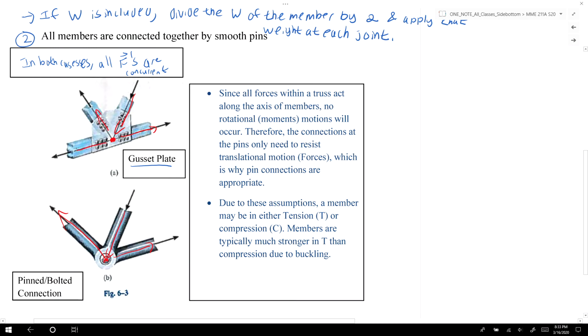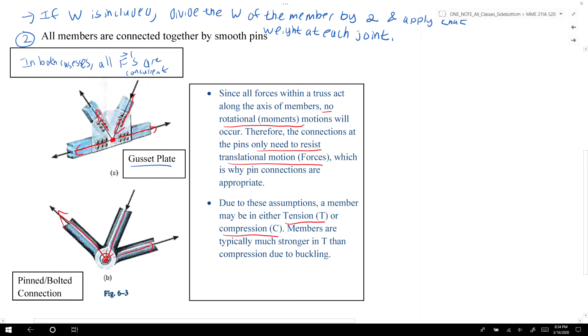That's significant because since all the forces act through the same point, no moments would be generated. So the connections at pins will only need to resist translational motion or forces. Pins are appropriate because of that, and then we can say that a truss member will either be in tension or compression.